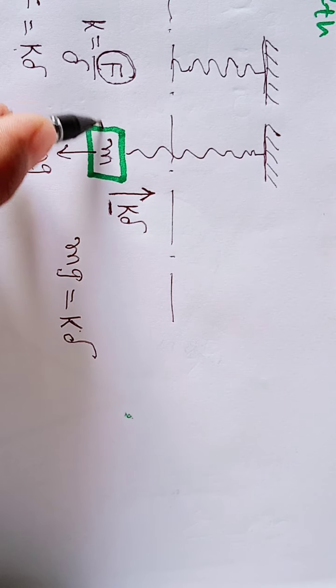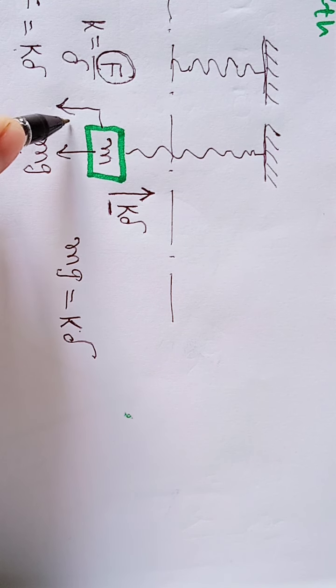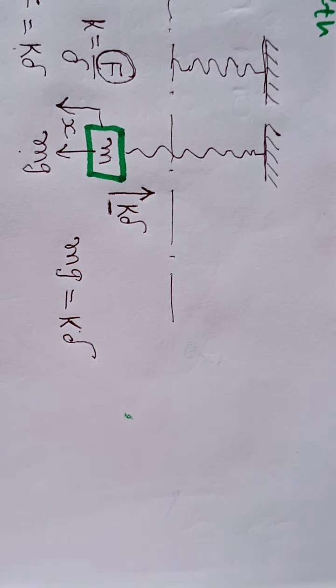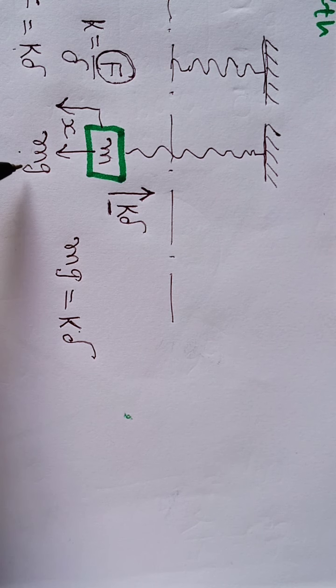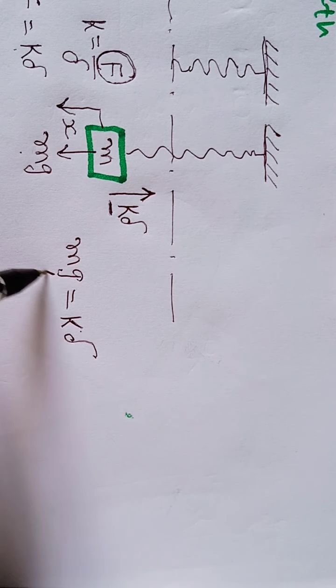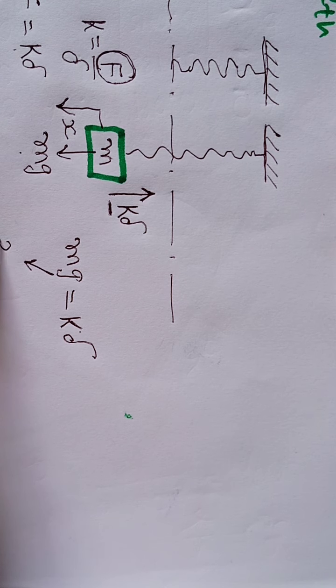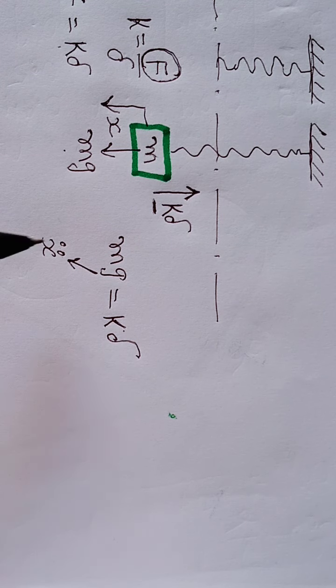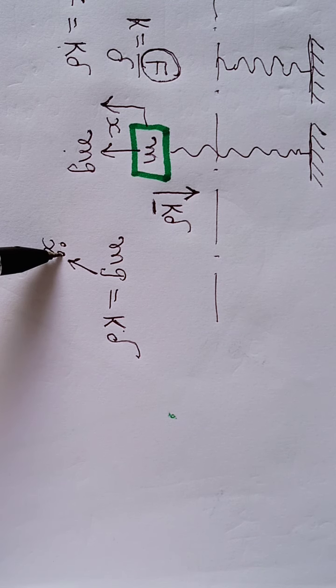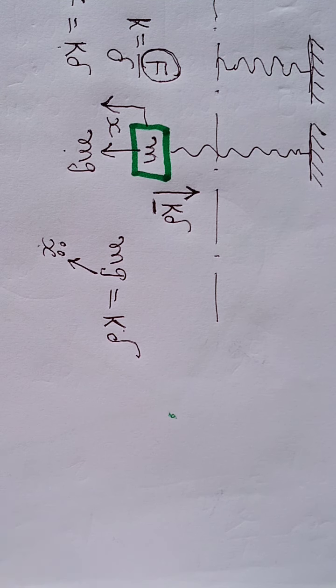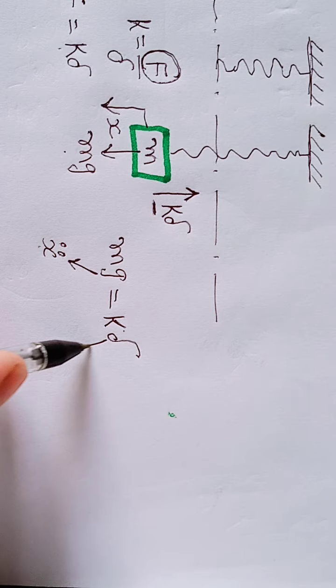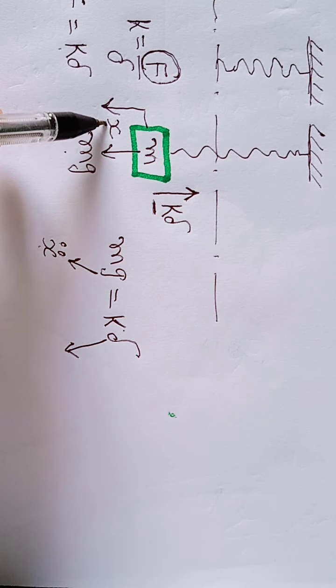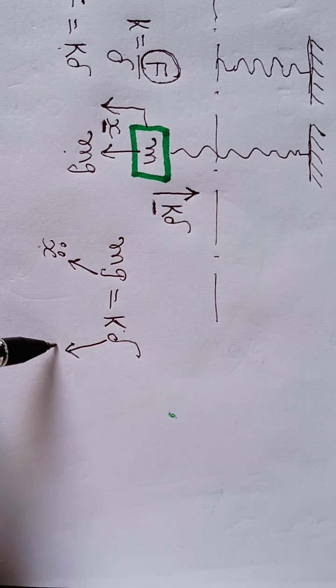So suppose displacement is represented by x, so acceleration will be x double dot. So here g will be replaced by x double dot. It is the second order differentiation of displacement, and delta or deflection is x.